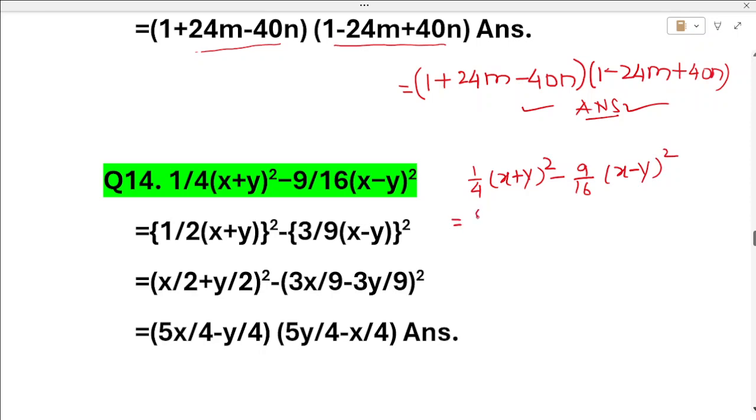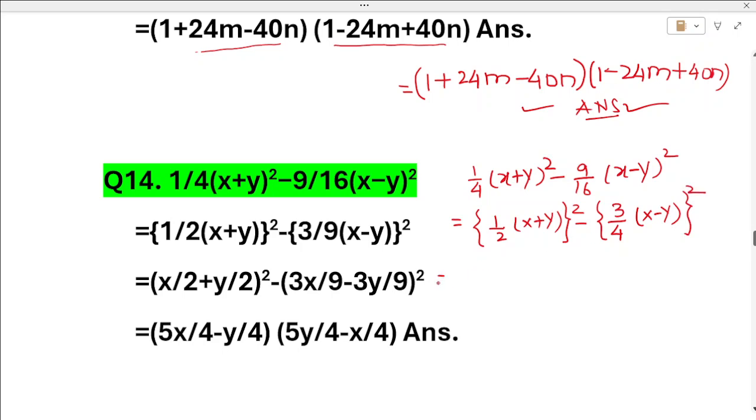So it will become like this: (1 by 2 (x plus y)) minus (3 by 4, because 9 by 16 is the square of 3 by 4, (x minus y)), put it like this, and square.